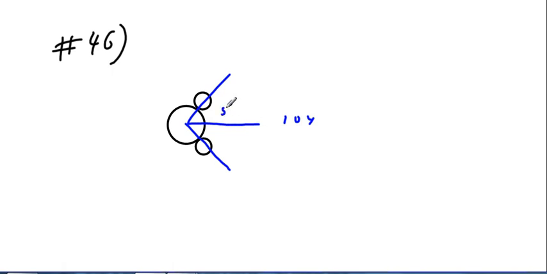Okay. So I need to draw a picture. Okay, so I've got an oxygen and two hydrogens, and I have an angle between them of 104 degrees, which means that this angle is 52 degrees.